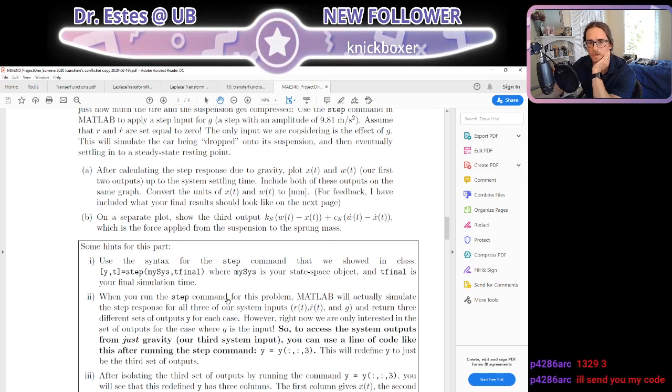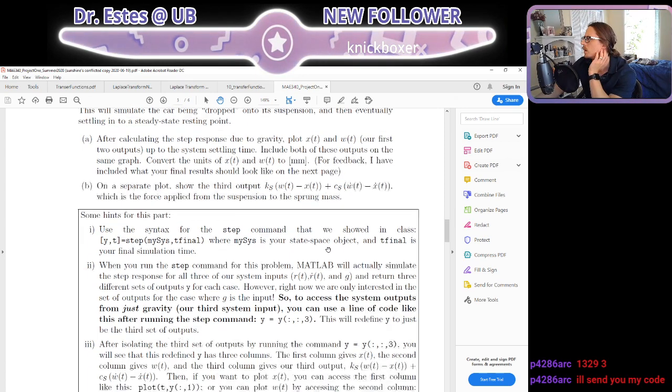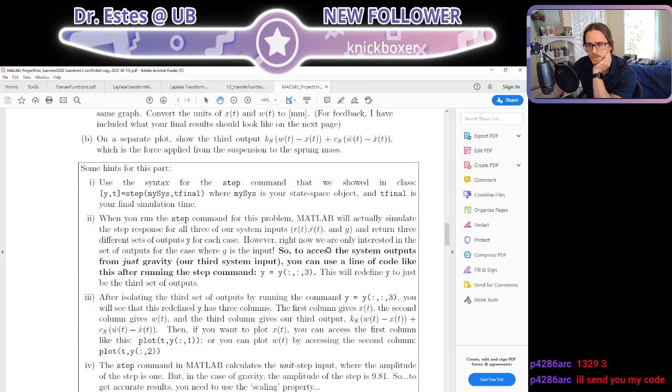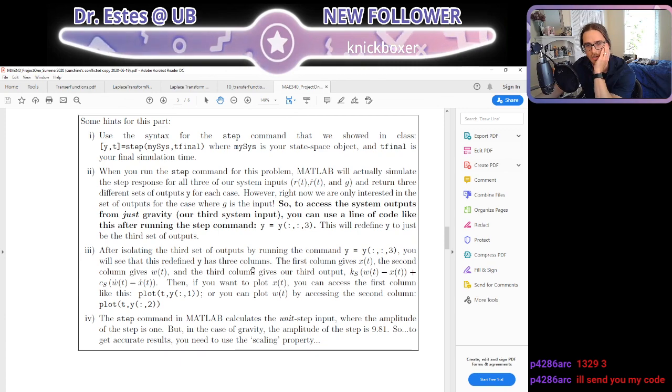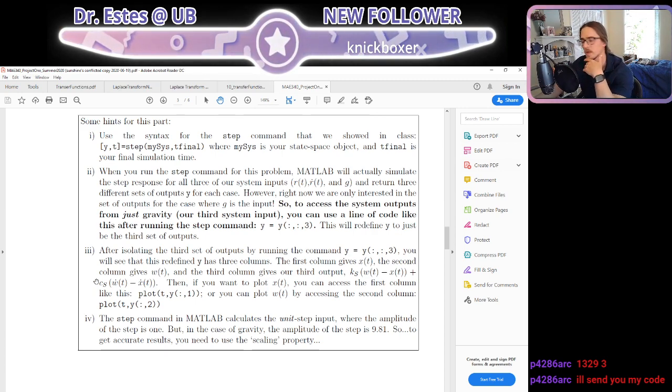Oh, never mind. Okay, but 2 of the outputs should be on one graph. Oh, you know what? I think this is just because you're showing all 3 outputs on the same graph. You should have 2 outputs on one graph and the third output on the other.